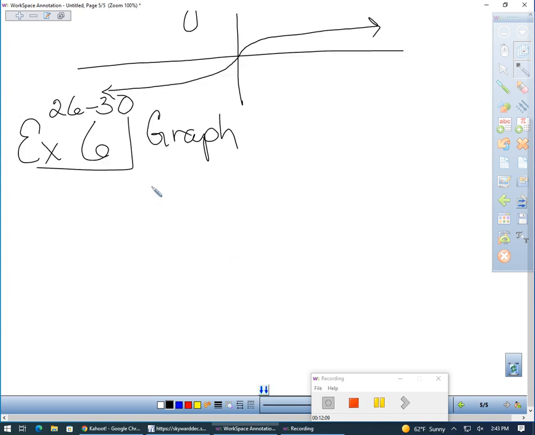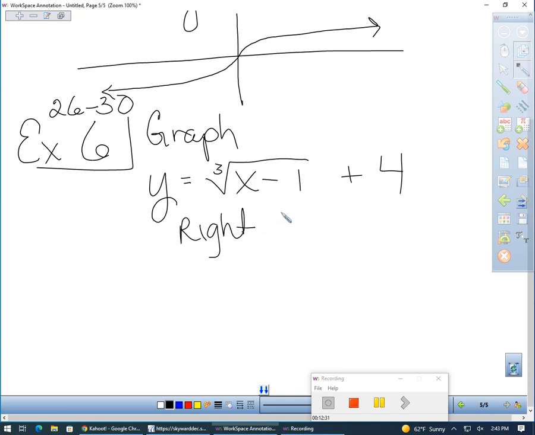And let's say I have y equals the cube root of x minus 1 plus 4. What was it, Chris? Right what? Right 1, up 4. Very good.